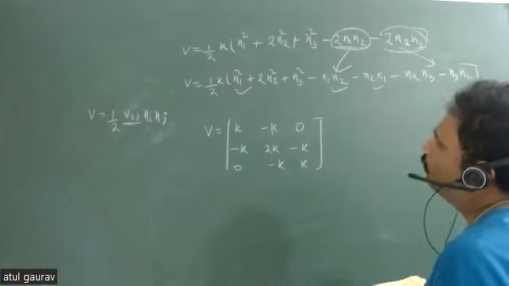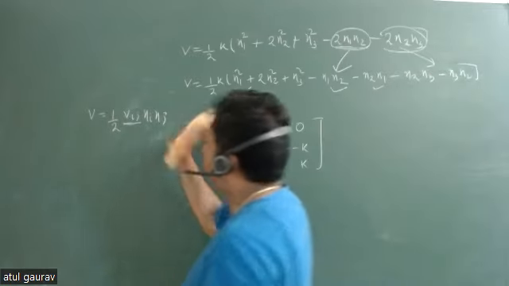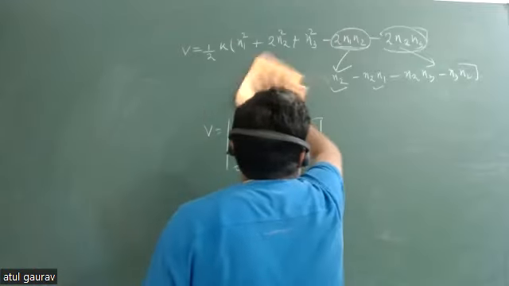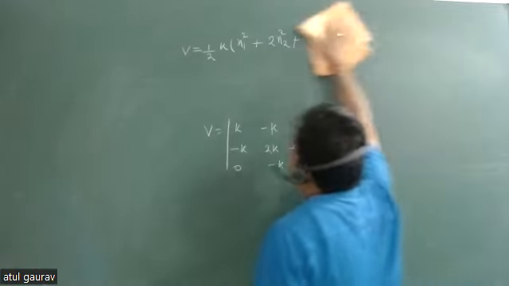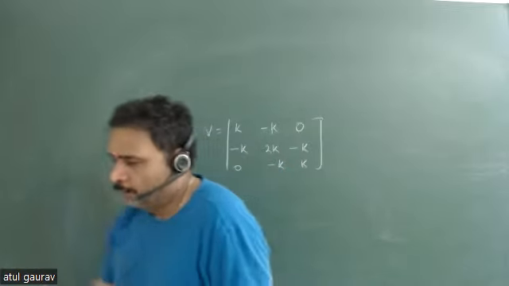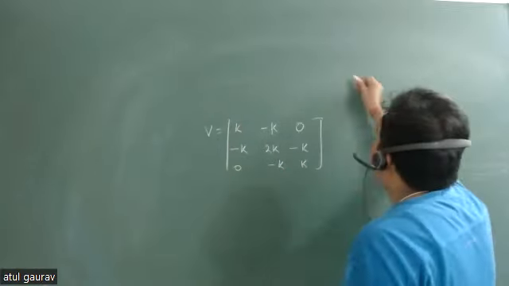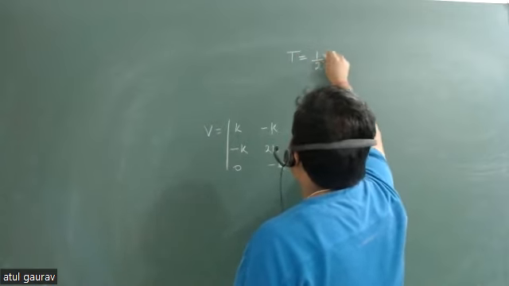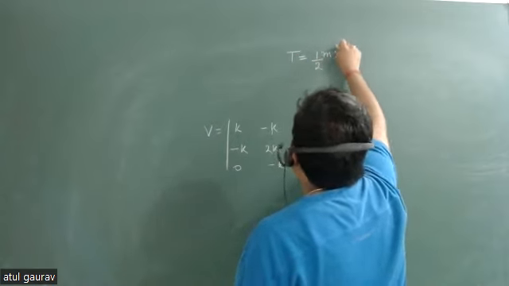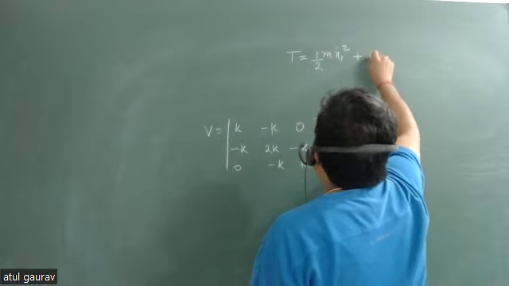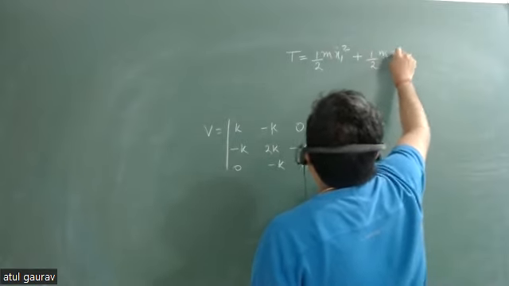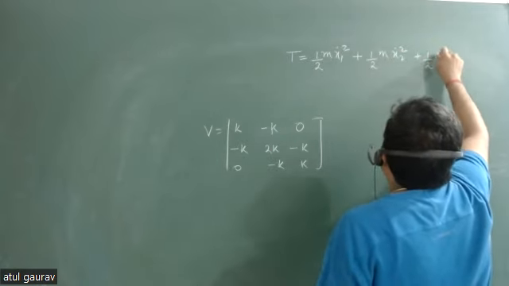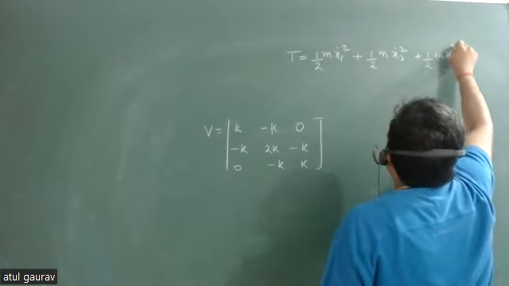Now we will go for the T matrix. What will be your kinetic energy? The kinetic energy is half m x1 dot square plus half m x2 dot square plus half m x3 dot square.